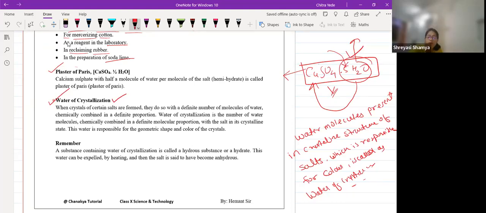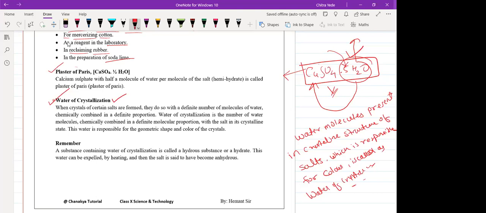Sir, then for gold, it will be aqua regia, something like that. No, aqua regia is something different, beta. It is a solution of concentrated nitric acid and hydrochloric acid, concentrated HNO3 plus concentrated HCl, in a 3:1 ratio.